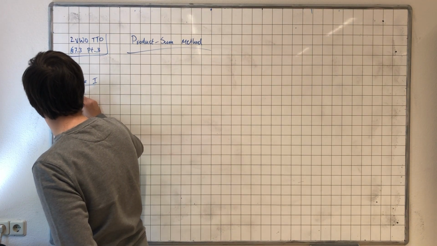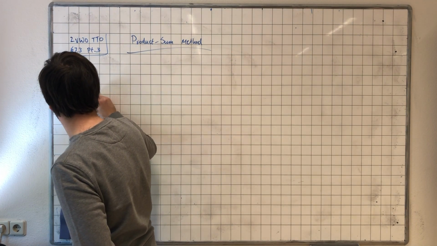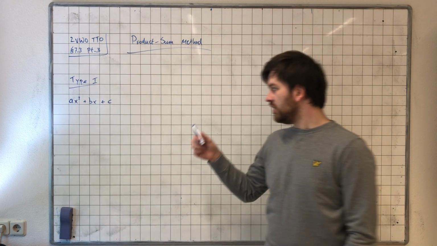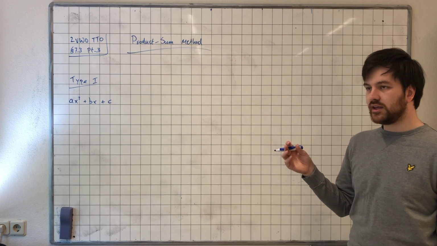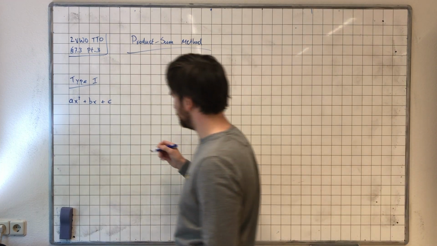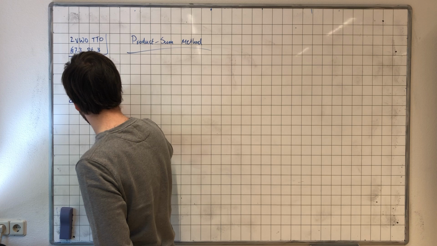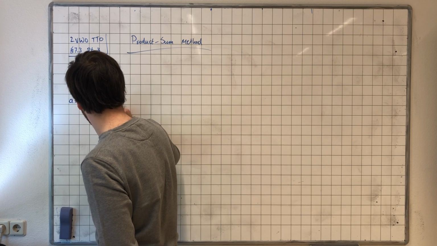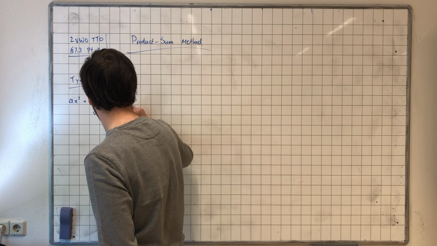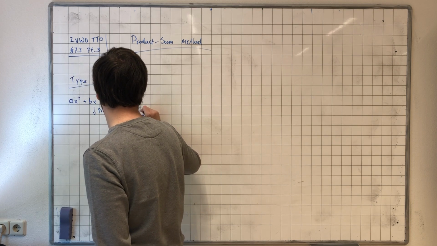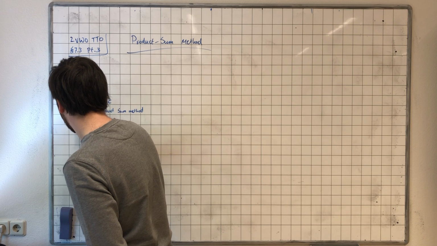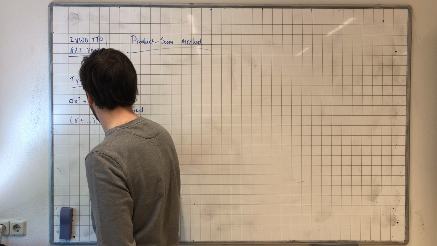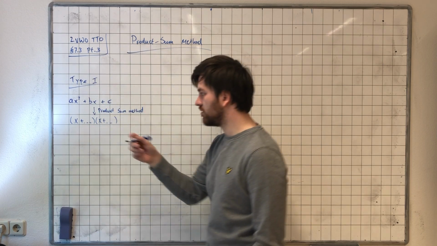If we have all 3 things of a quadratic equation, so we have a square, something with x and something with c, we can use the product sum method. After using it, you have x plus or minus something, and x plus or minus something. Keep in mind these pluses can also be minuses.